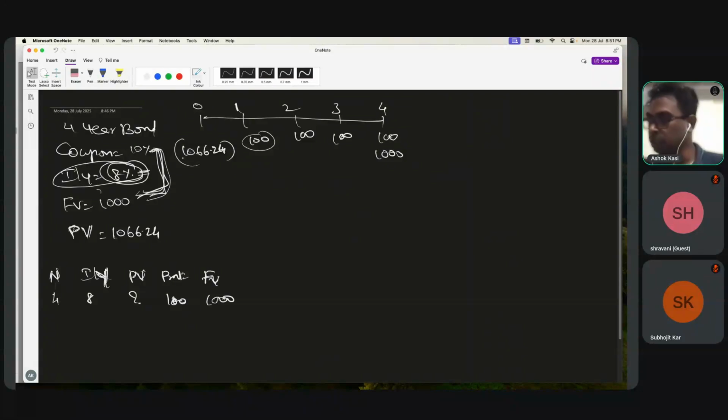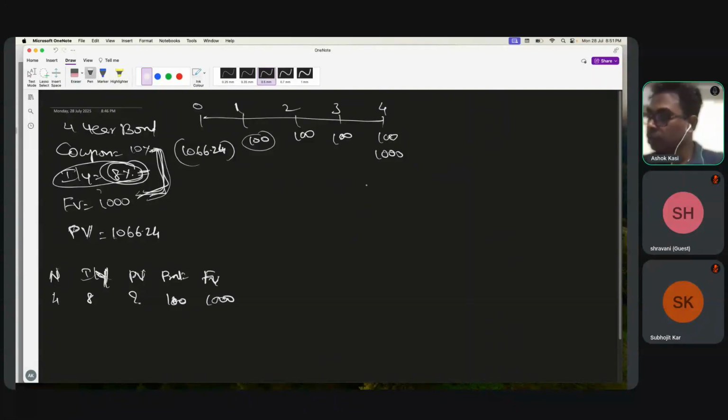So in that case, you are earning 8 percentage. Holding till maturity is fine, and the rate is also not changing. How? Let's see this now.